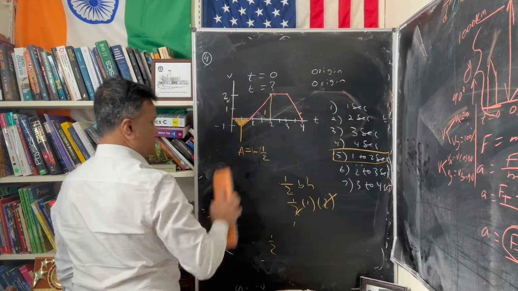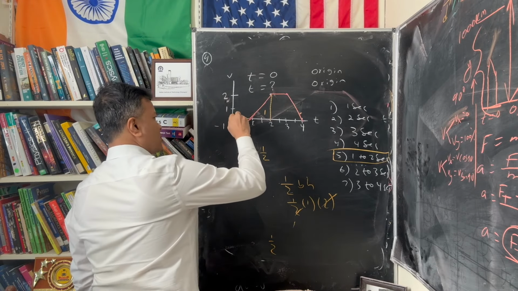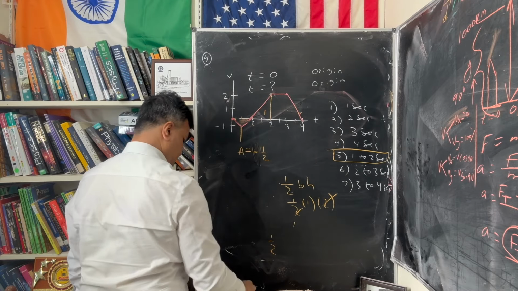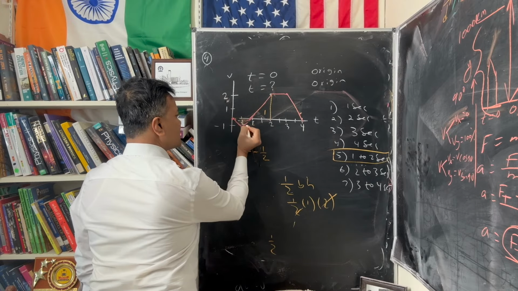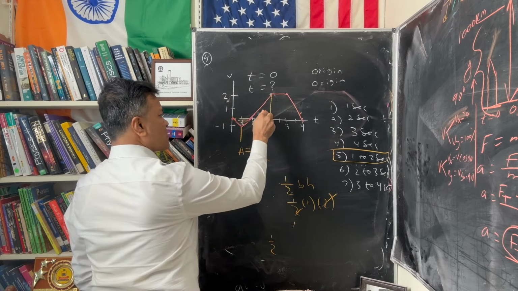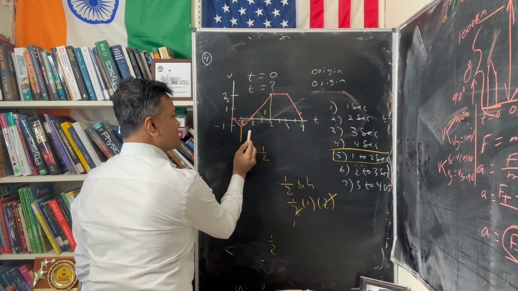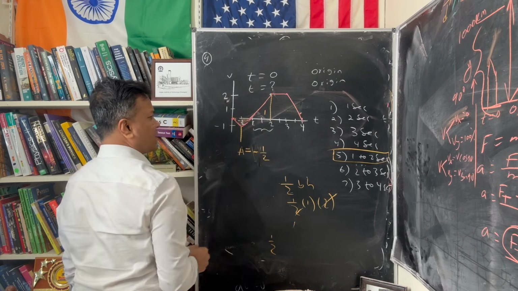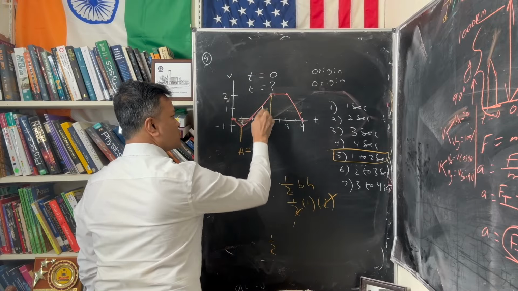I'm going to write it inside so you'll be able to visualize, because this is as technical as it can get. So this is negative half. This is a positive 1. So positive half lies between 1 to 2. If the whole thing is 1, then positive half lies between 1 to 2.